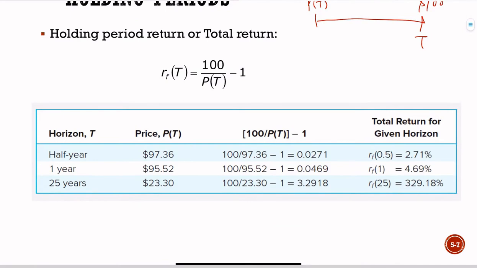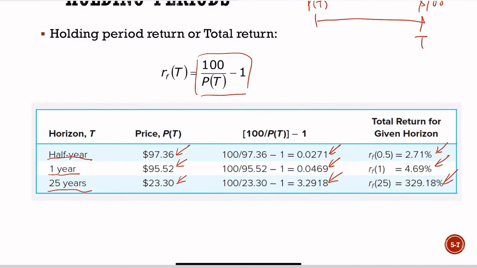So let's say now we have three cases. Let's say we have a half-year investment horizon, a 1 year investment horizon, and a 25 year investment horizon. Let's say we have these three different prices: 97, 95, and 23. And then to calculate the holding period return, we will just use this formula. We get returns here, and then we convert the return into percentage returns.